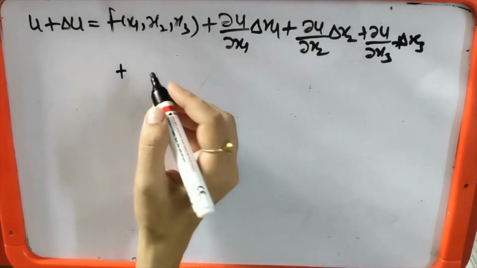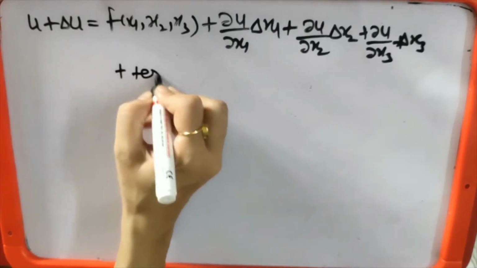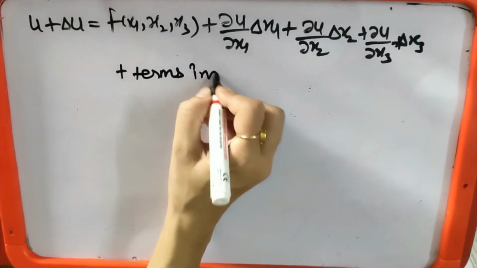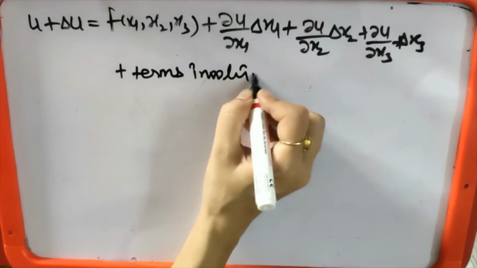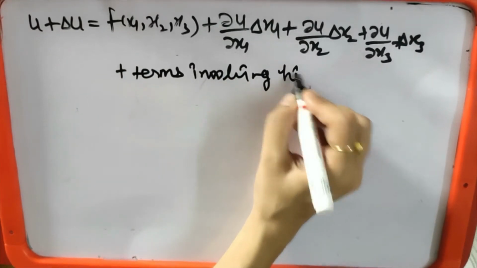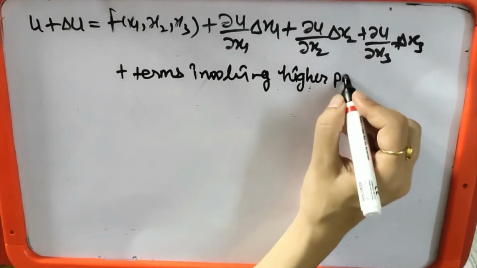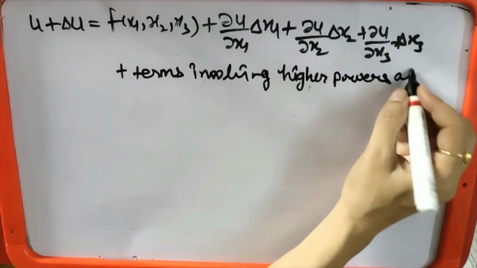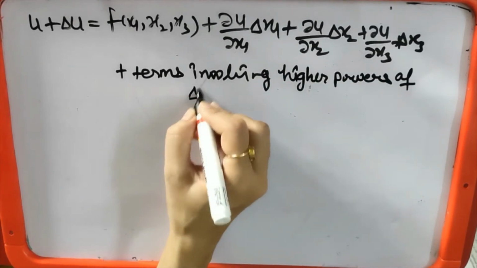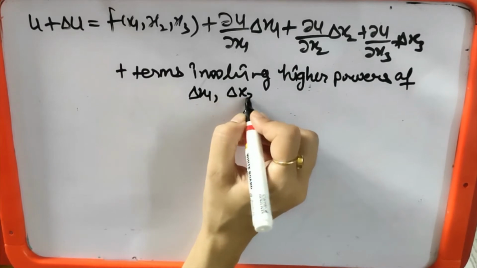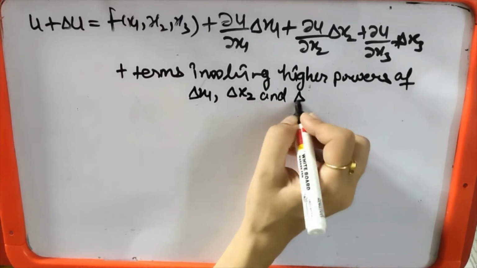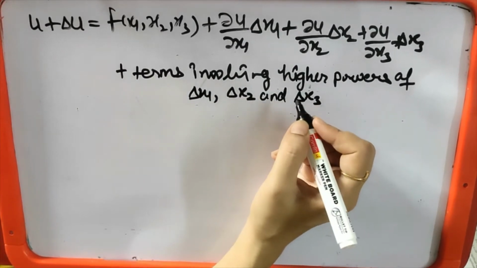So I am not writing higher terms, I am writing simply terms involving higher powers of delta x1, delta x2 and delta x3.